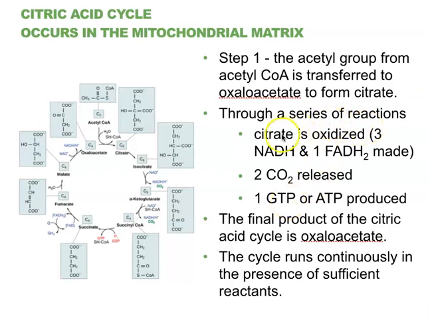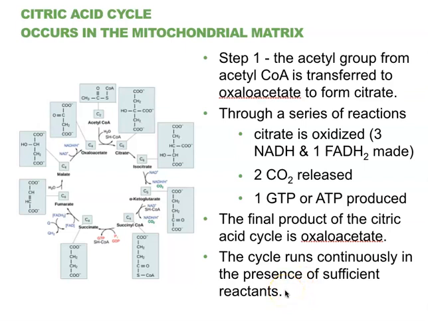We've made now, if citrate is oxidized completely, 3 NADH plus H pluses, 1 FADH2, 2 carbon dioxide molecules, and an ATP. And the final product is way over here. Oxaloacetate. And this continues to run in a cycle, bouncing around from state to state, releasing each of these molecules, as long as there's sufficient reactants present.